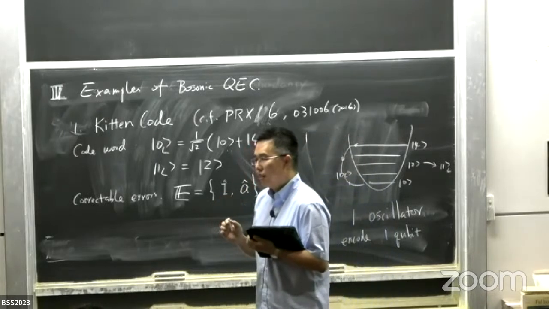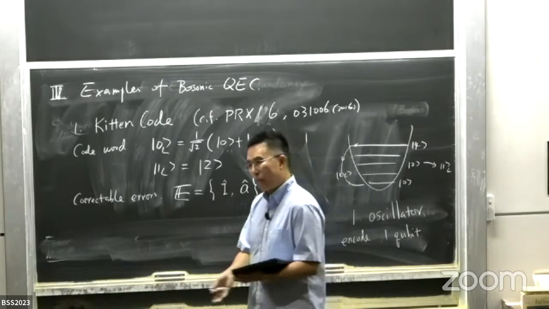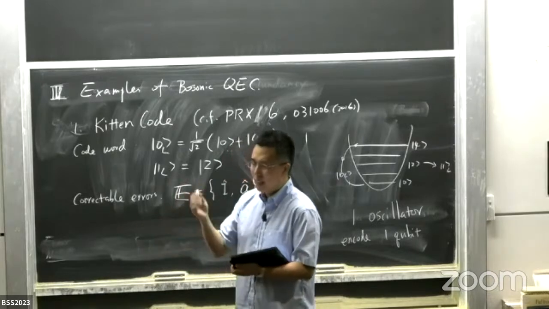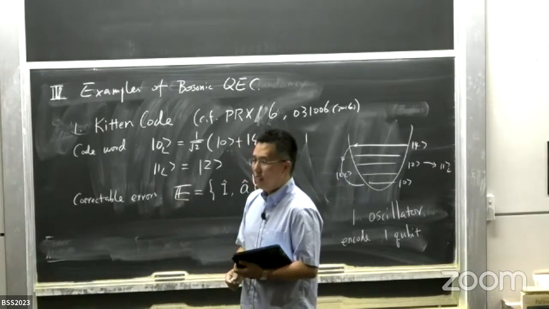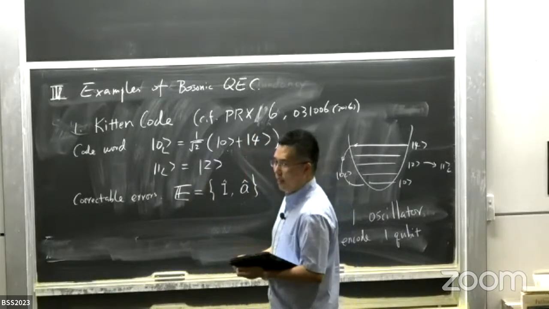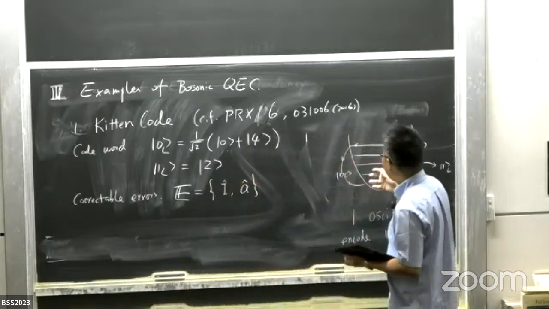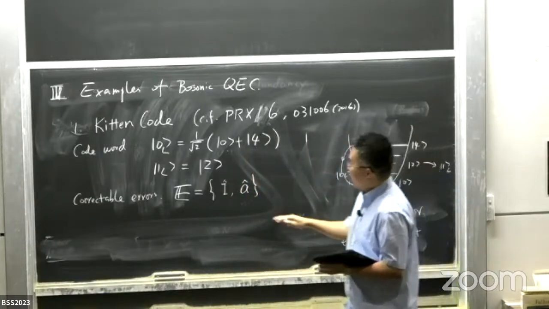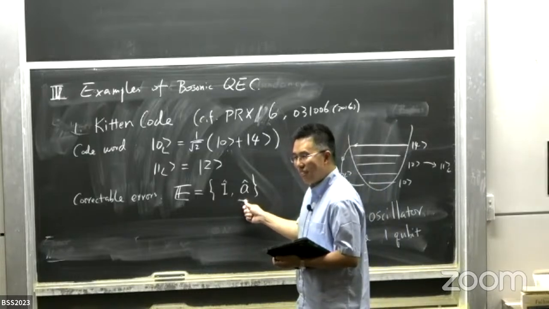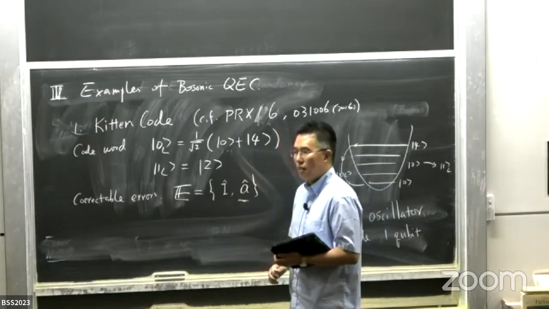You can encode it and switch it off, let it be sent through an optical channel or a microwave cavity, let it stay there, and then later switch on the harmonicity using another transmon to, for example, measure parity and so on. There are some switchable parts because, as you said, if this becomes anharmonic, then I should not write the error as an annihilation operator, because it will be level dependent, so it's a more complicated error.